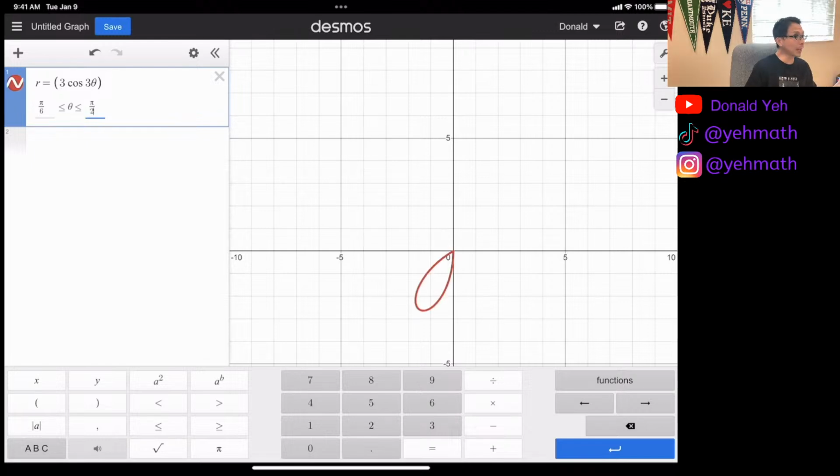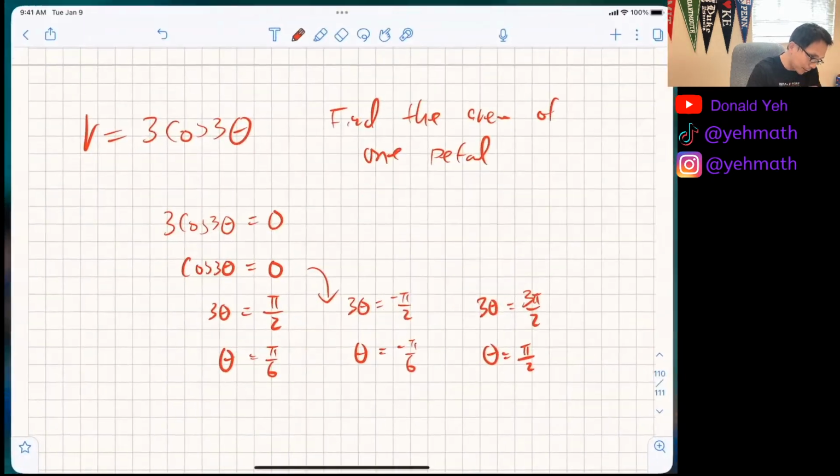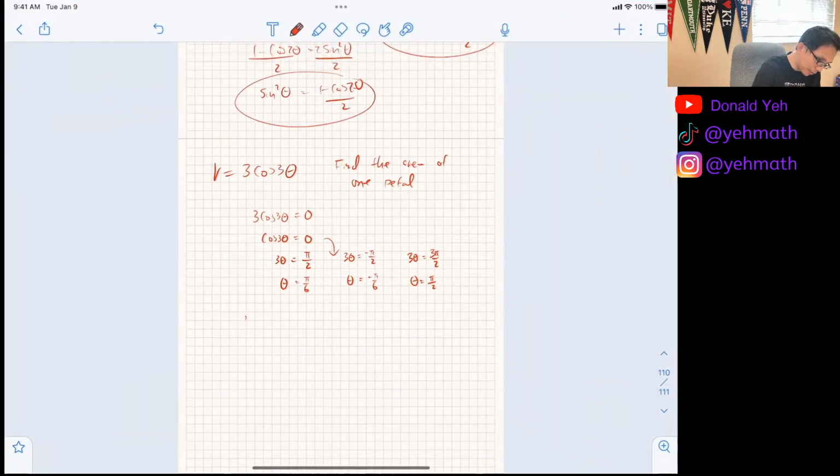You can also do that. The cool thing is it doesn't matter which way you find the area of one paddle, so you can do whatever you feel comfortable with. But for me, I figure from negative pi over 6 to pi over 6, I can do that. That's one paddle, because you go back to 0.